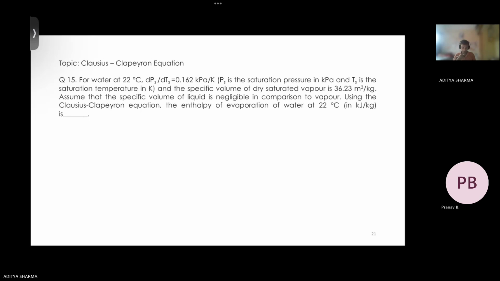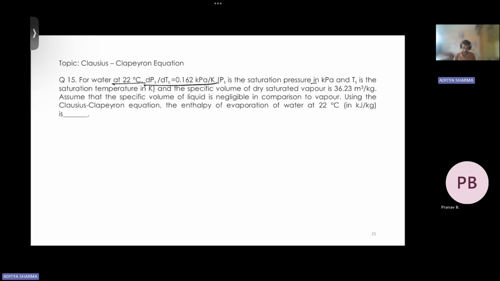Okay, so water has been given at 22 degrees Celsius. Then the pressure temperature curve, right? At saturated conditions, that is the PT plane. From the PT plane, it is there.